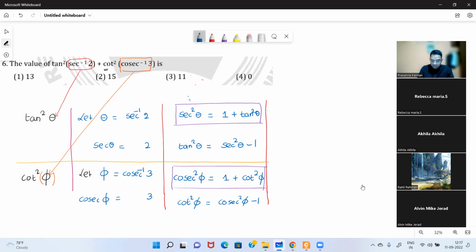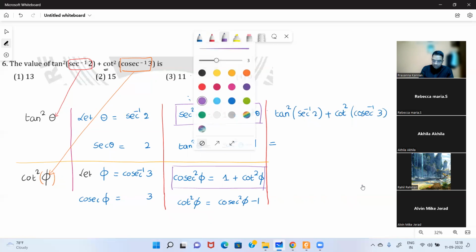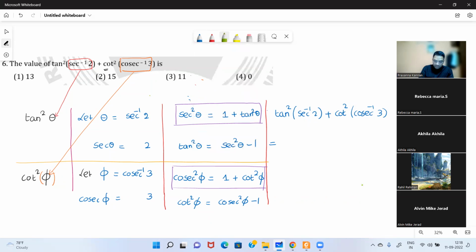So what is our question? Tan square of secant inverse 2 plus cot square of cosecant inverse 3, correct? But what is secant inverse 2?